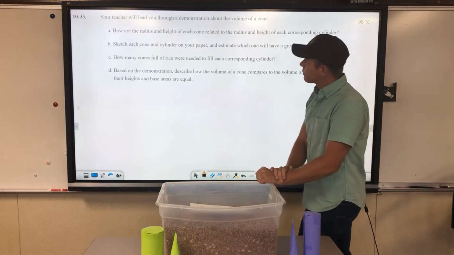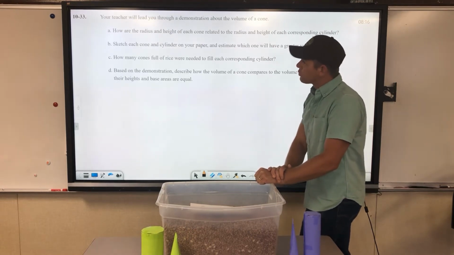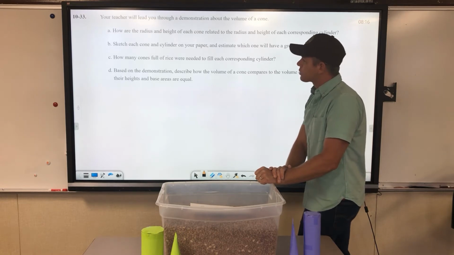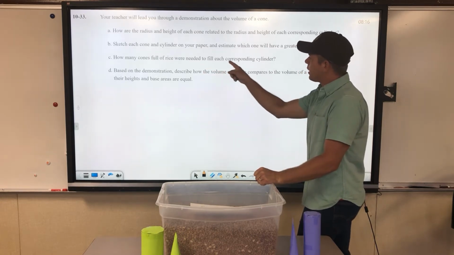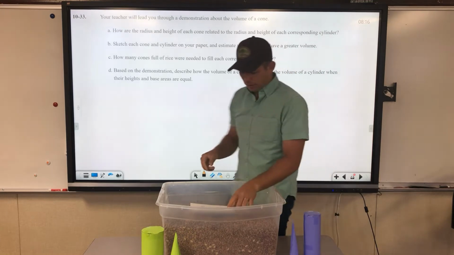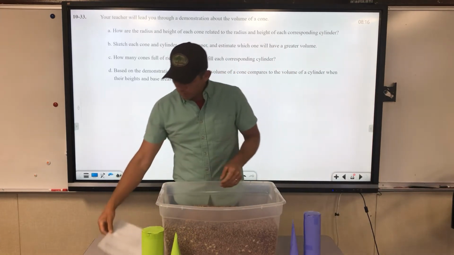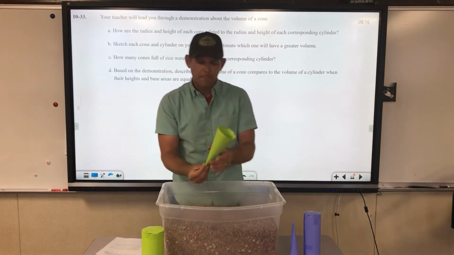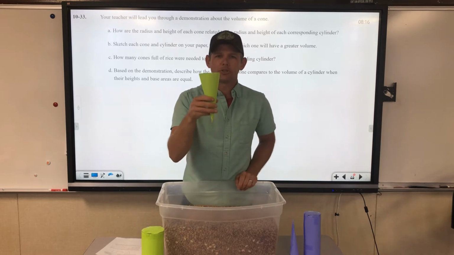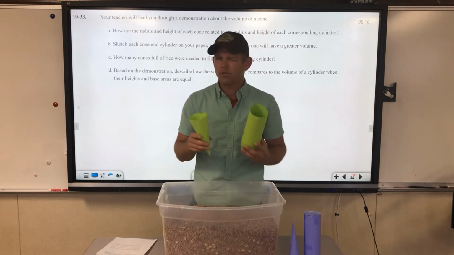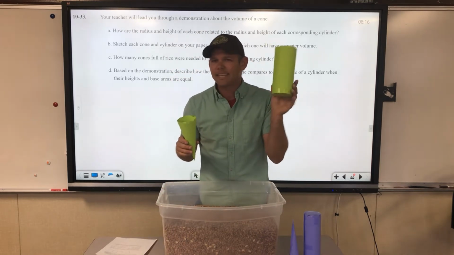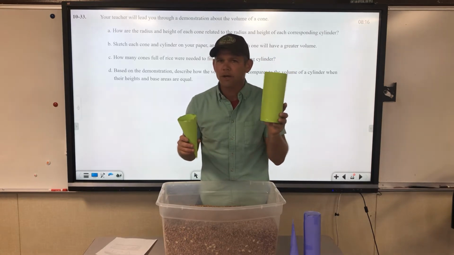Part C, this is where we really get to do something. It says, how many cones full of rice are needed to fill each corresponding cylinder? This is where we have to think. Many of you should have said that the cylinder is going to have a greater volume.